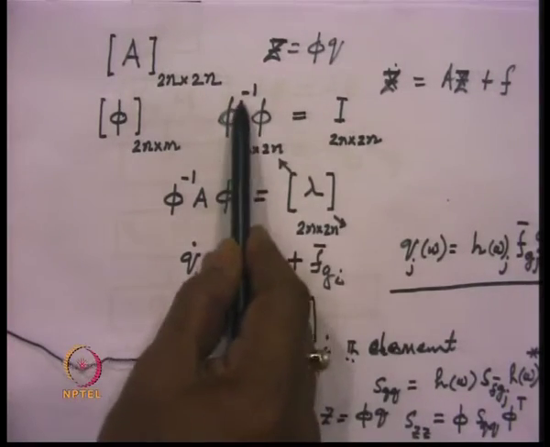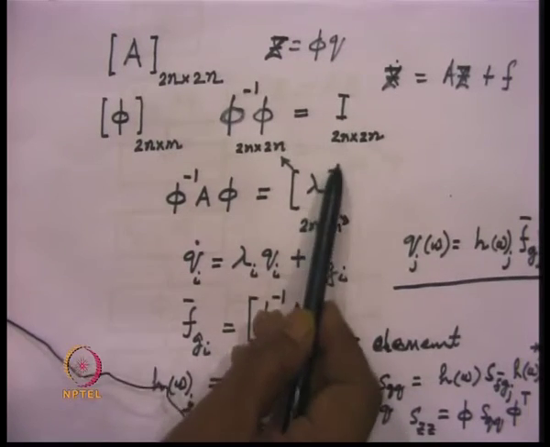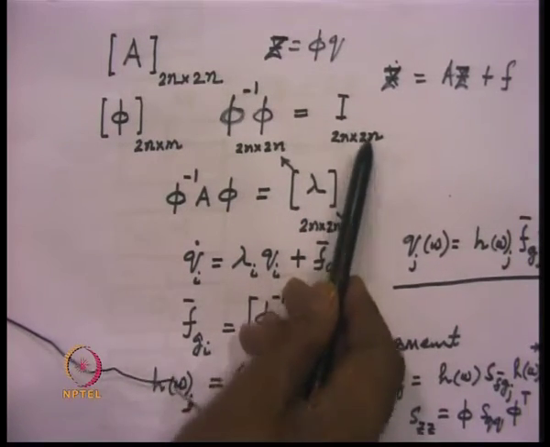And phi inverse phi, of course, will be an identity matrix of size 2n by 2n.